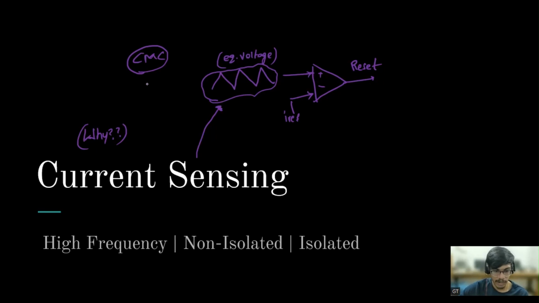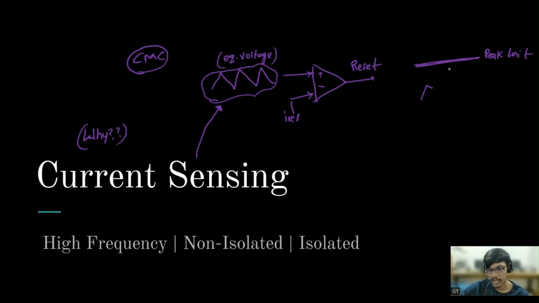And there are so many advantages of sensing the current because we can put a peak limit. Say each hardware component has its own limitation, say its rated current is limited to 10 amperes, and you don't want the inductor current to cross 10 amperes. So we can put a peak limit so that whenever it hits the limit, we can turn off. So we should know the inductor current information, right?